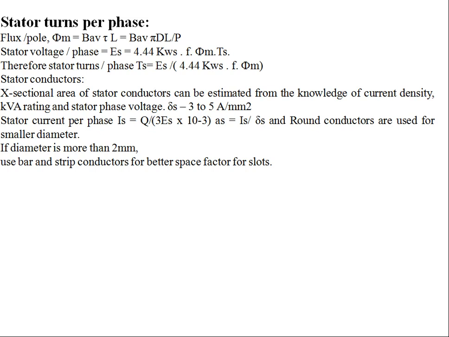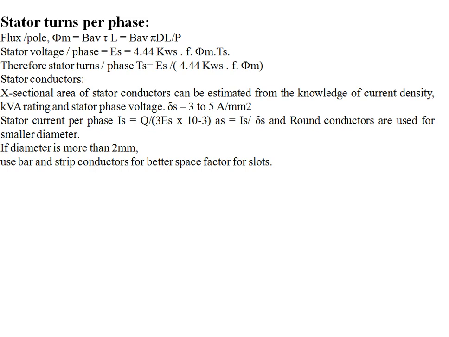For small sizes we go for round conductors. For larger ones, more than 2 to 3, it is difficult to wind them, so at that time we go for bar or strip conductors.